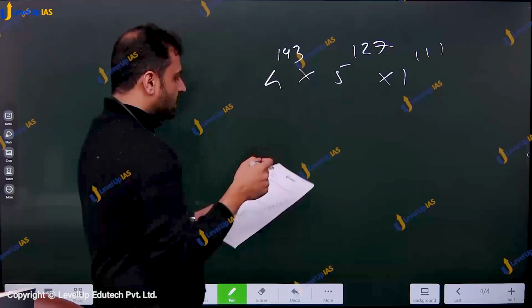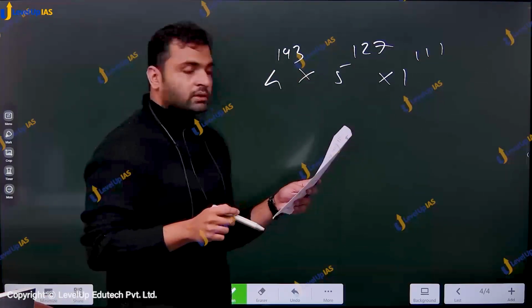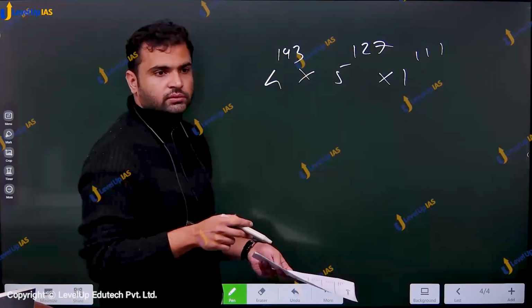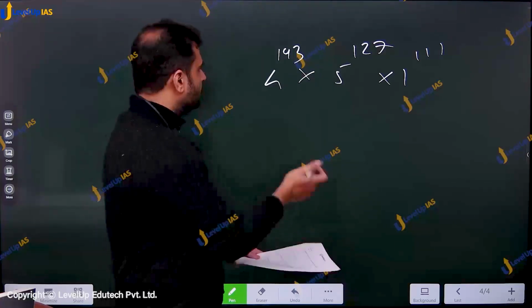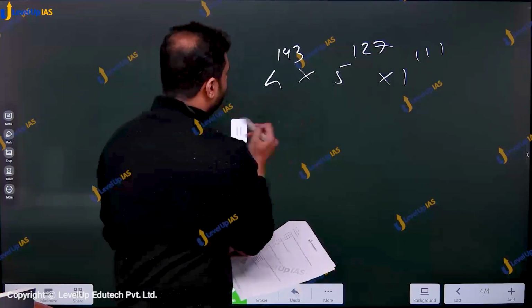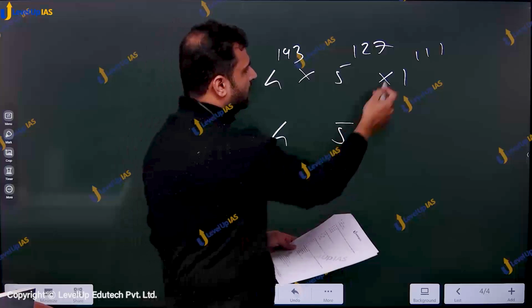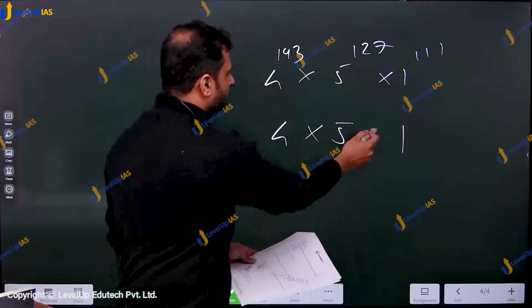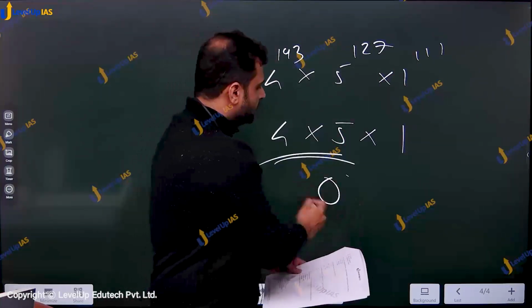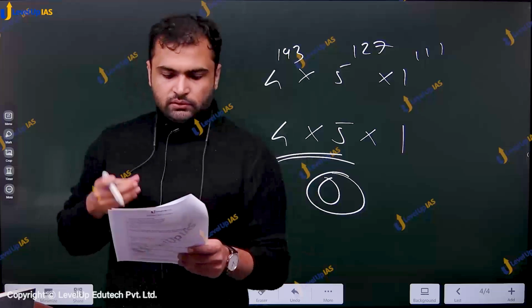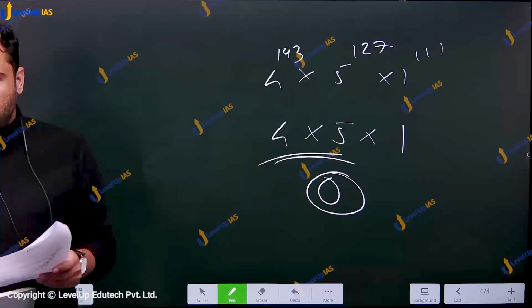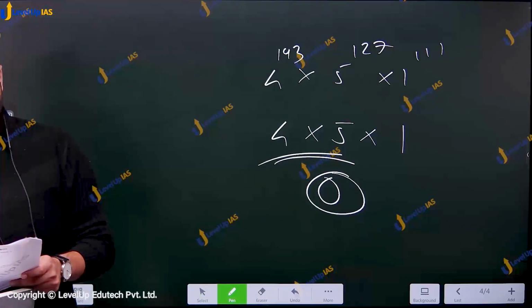Units place of this thing would be, this is 4, this is 5, and this is 1. So units place would be 5 into 4, 0. Okay.